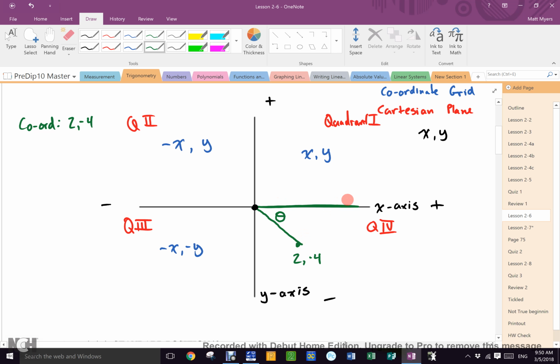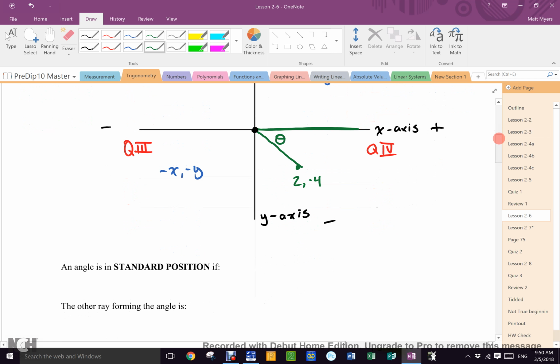And, all right. This is what we call, and I'm going to use the yellow, an angle in standard position. Okay? An angle is in standard position if, and there's 2 things that you have to know. 1, the vertex is at the origin.